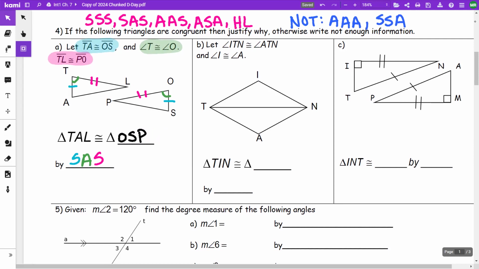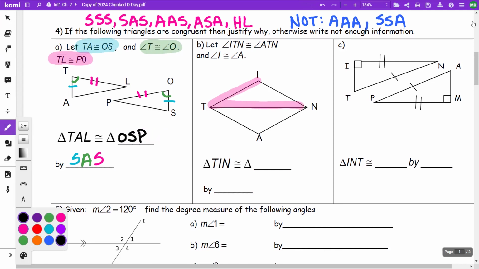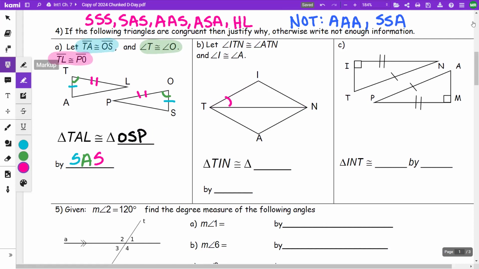Okay, on B. On this one, they tell us that angle ITN, let me just follow it for a second, so that is going to be this angle right there. And that one is going to be congruent to angle ATN. Let me trace it.